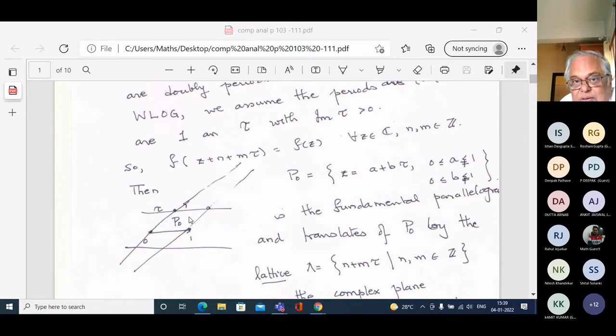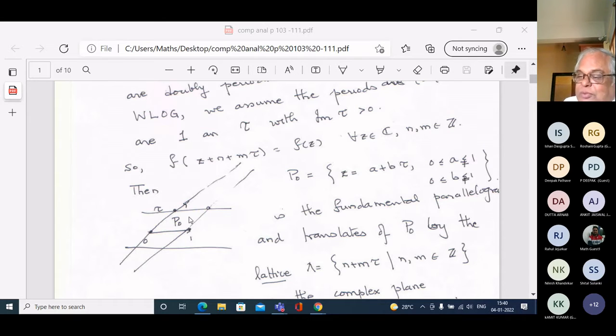Such a thing is called an elliptic function. Clearly, if you know the values of the function in this fundamental domain, which is a + bτ, that's your parallelogram, and you translate this parallelogram in the x direction by integers, and in the other direction, the τ direction, by multiples of τ, you will cover the entire plane.